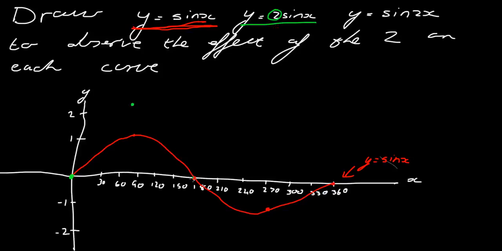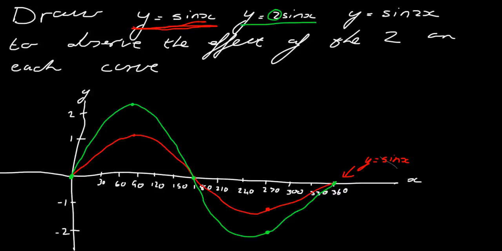Then we cross here at 0 again, and we're going to be at -2 at 270 and then 0. So y equals 2 sine x just looks like this. You can see that all of the values are just doubled at each point. That's all that's happening here. Once again, pop it into your calculator and get the table.